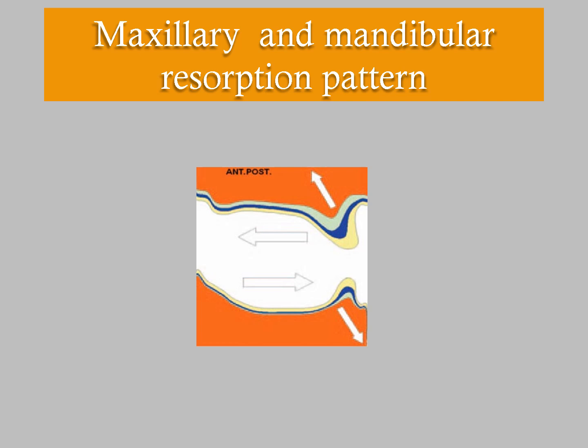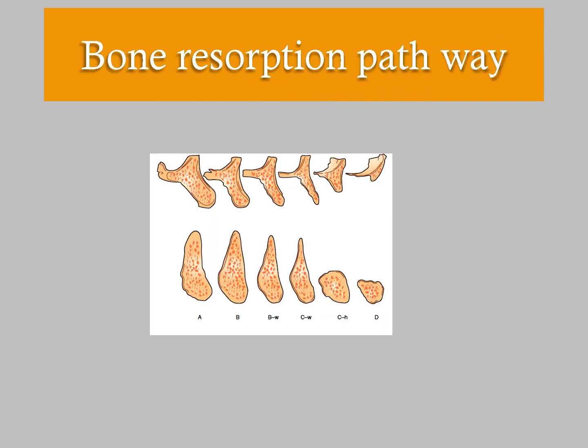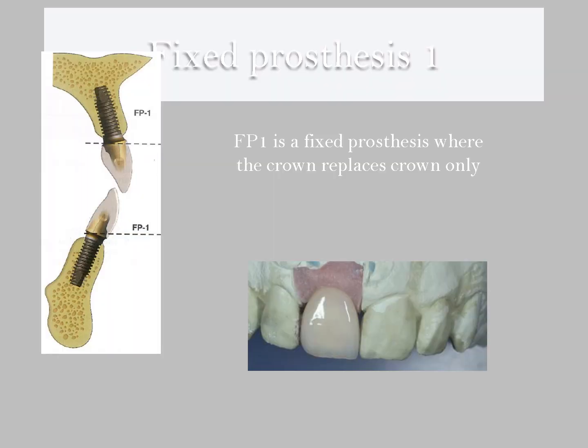So as we said, after a while from extraction, and you will see that in complete denture, the upper maxilla gets smaller and the lower mandible gets larger. It's not smaller or larger, it's a pattern of resorption. And in each place we extract, it goes through resorption. Sometimes resorption of the width, then resorption of the height, and you'll have this classification. So this resorption of bone will affect the prosthetic options and the prosthetic space.